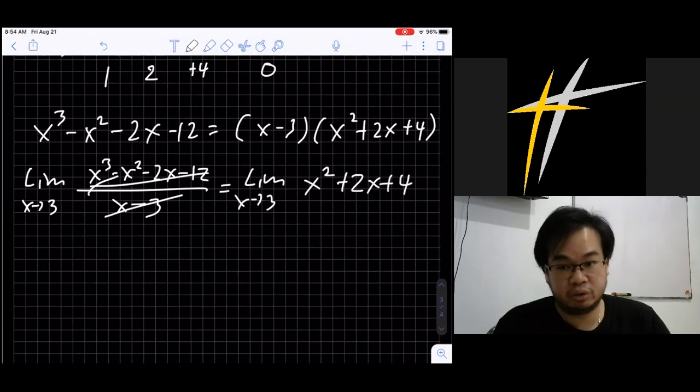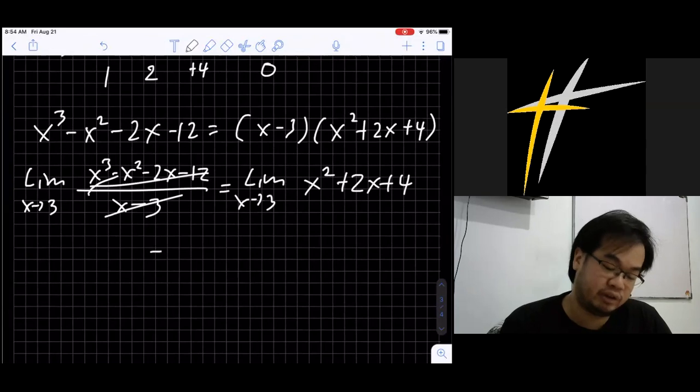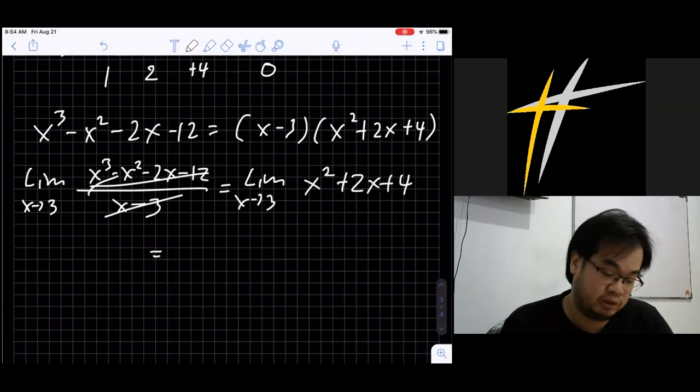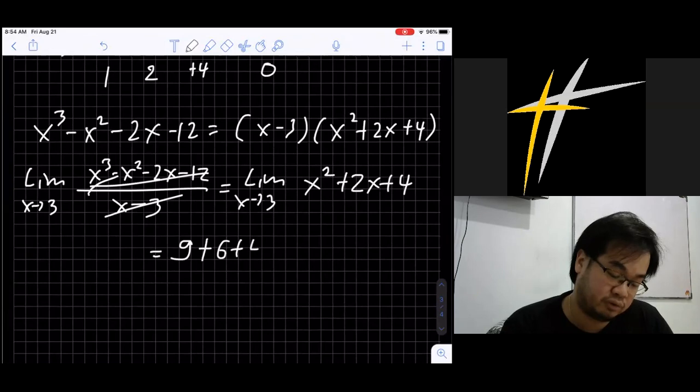And x cannot be equal to 3. But again, remember, it's fine to substitute x equals 3 because it's approaching 3 instead of equal to 3. So it's 9 plus 6 plus 4, which is equal to 19.